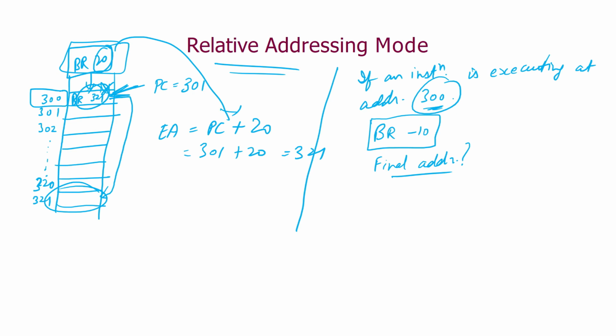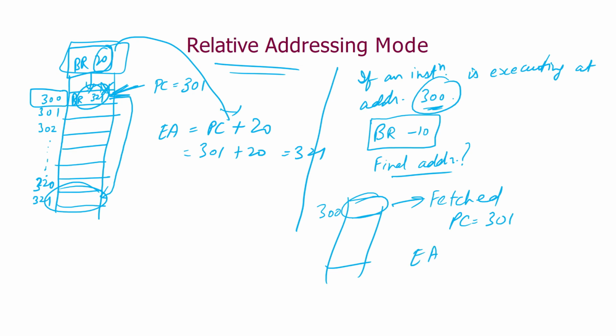When the instruction at location 300 is fetched, my PC will be 301, so the effective address on br minus 10 will be 301 minus 10 equal to 291. So the effective address will be 291.